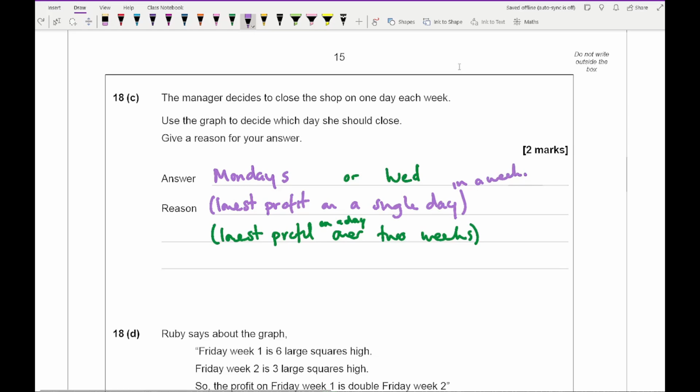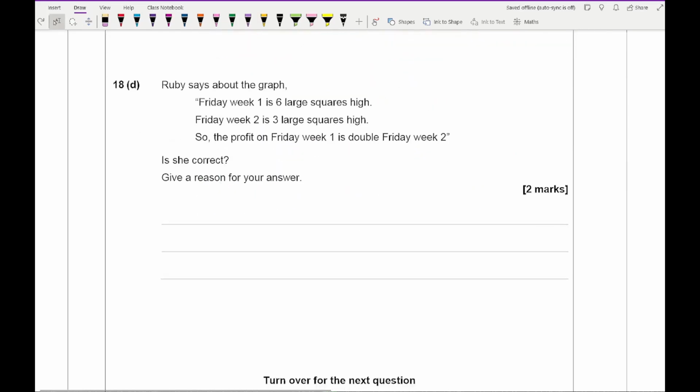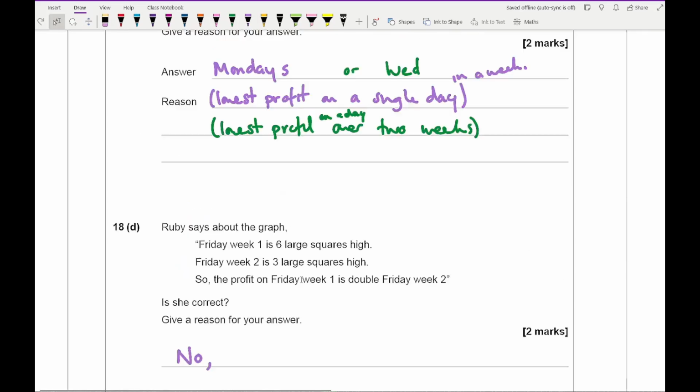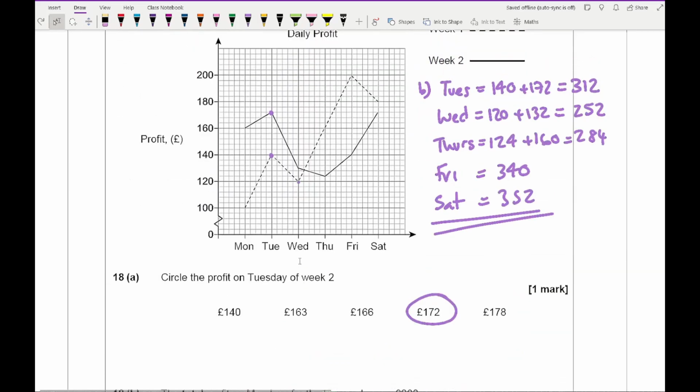Then it says on 18D, Ruby says about the graph that Friday week 1 is 6 large squares high and Friday week 2 is 3 large squares high. So the profit on Friday week 1 is double Friday week 2. Is she correct? And the answer you need to write here is no. And there's a couple of reasons why she's wrong, is because if we go back to the graph, we can see here we've got a broken axis.